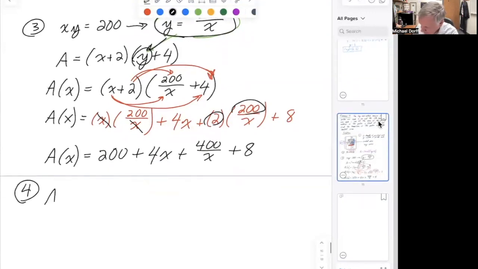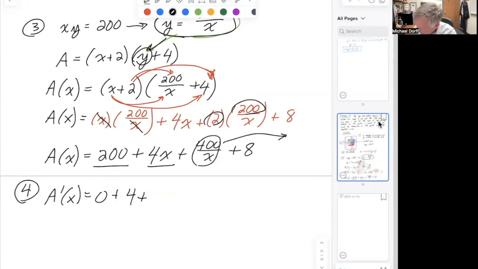We want to take the derivative of this. So when I take the derivative, I get the derivative of 200, that's 0. Derivative of 4X is going to be 4. Then I have the derivative of 400 over X. Well, remember, we could write this as 400 X to the negative 1.